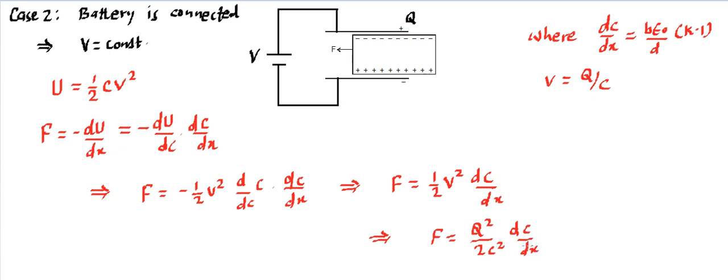So the point is, this force appears very similar or exactly similar to the force that we calculated in the case when the battery was not connected. However, there is a difference. So let's read what the difference is.